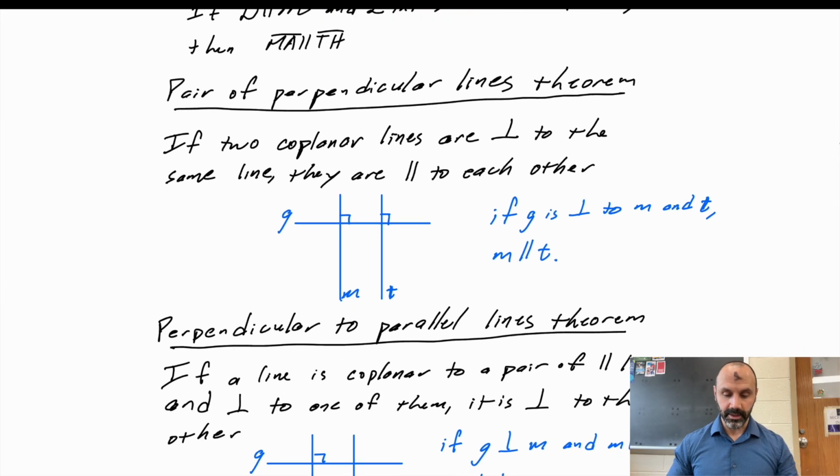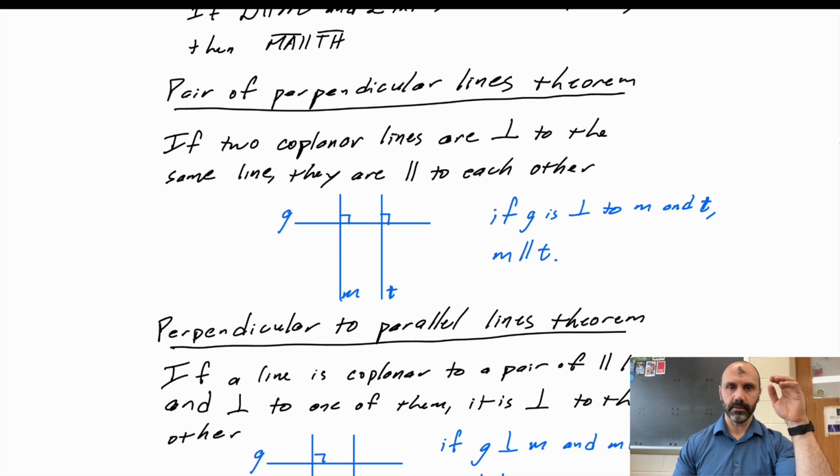Pair of perpendicular lines theorem. If two coplanar lines are perpendicular to the same line, then they are parallel to each other. So here are two lines M and T. I write my T's with a little curl on the bottom.